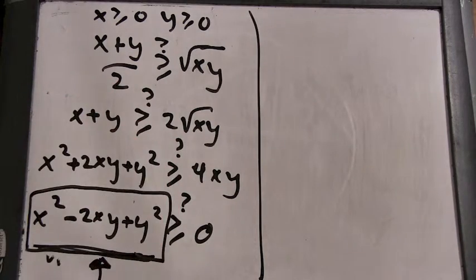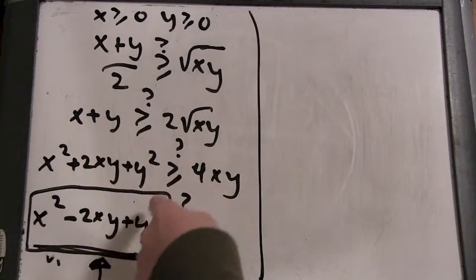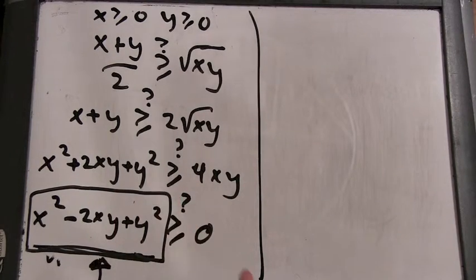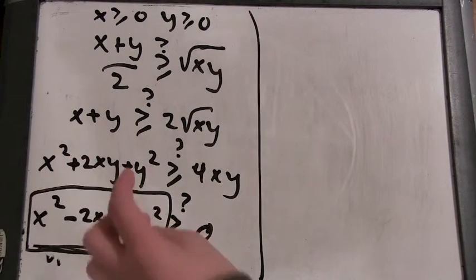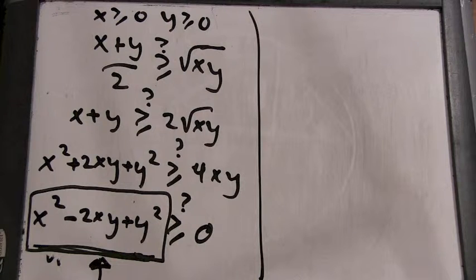Does that remind you of anything that's already written down? Well, it's almost the same as this part. It says x squared plus 2xy plus y squared is greater than or equal to 4xy.